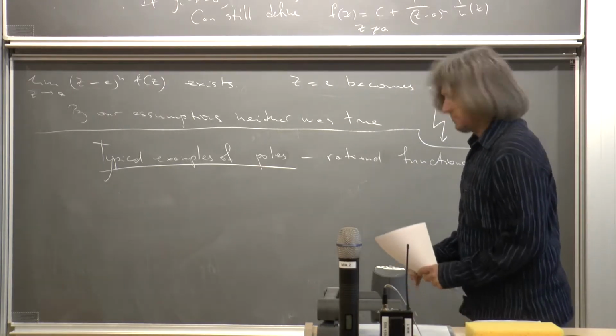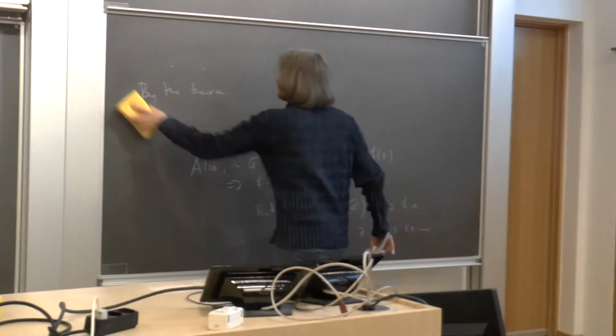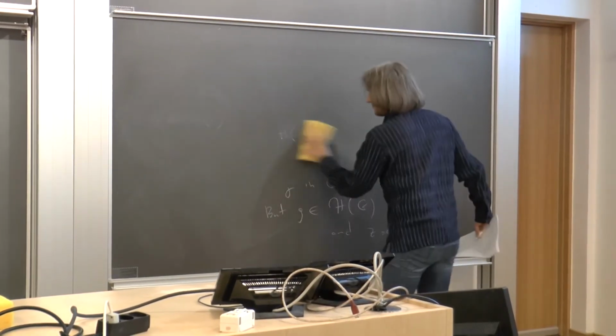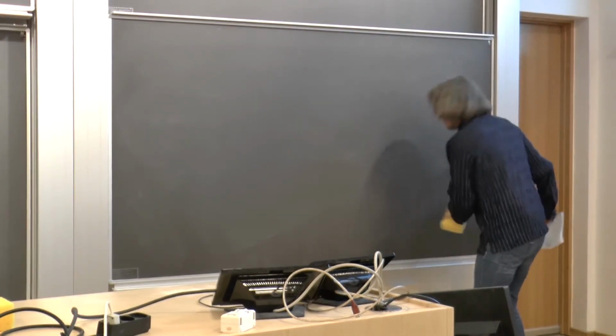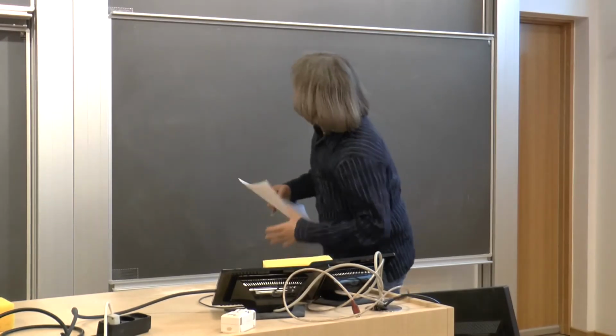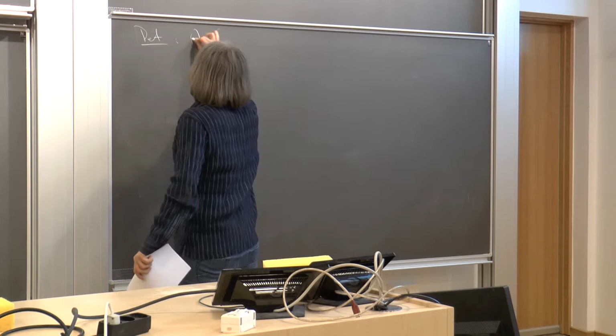So, just by the definition, a rational function is a ratio of two polynomials. Definition: a rational function.